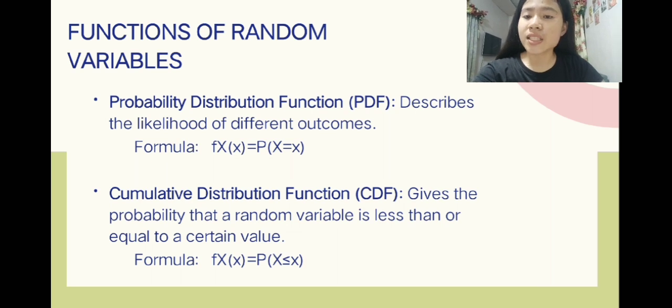The cumulative distribution function, or CDF, gives the probability that a random variable is less than or equal to a certain value, and hence it is written as F sub X of x is equal to P of X less than or equal to x.